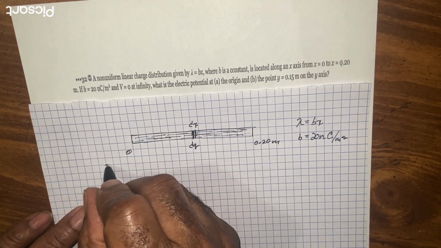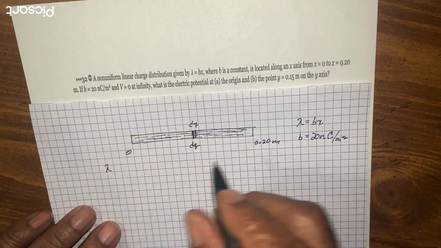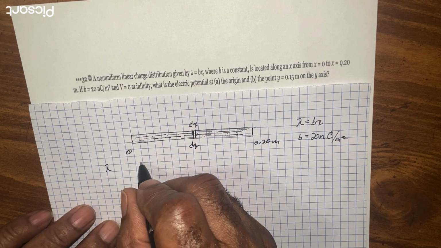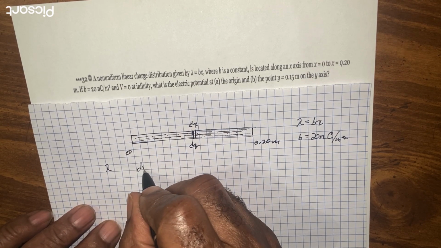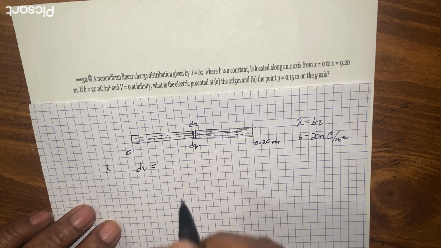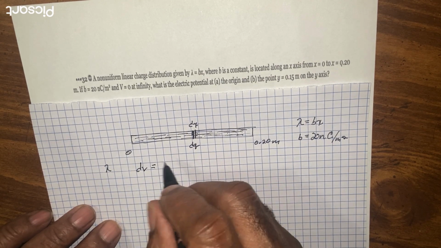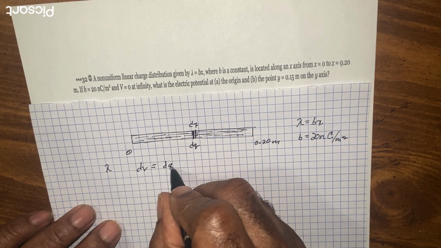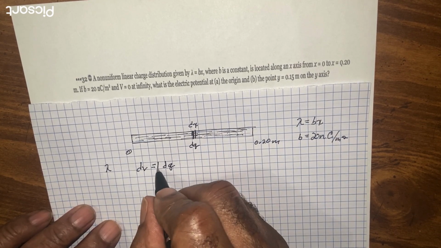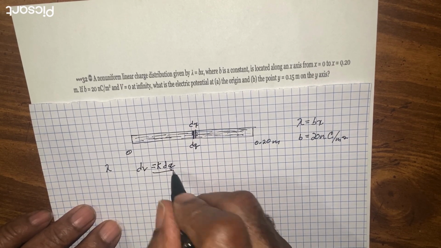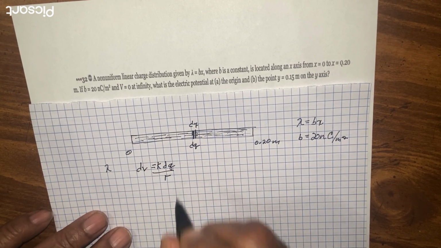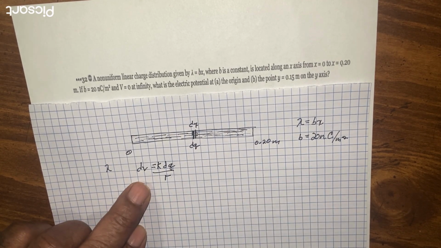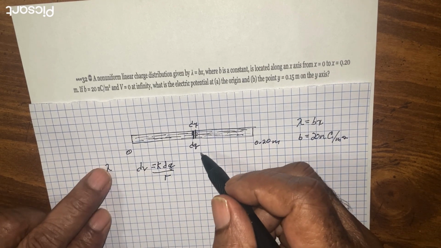We'll start with lambda. Well, first, we'll write dV, that's what we're going to be looking for, is equal to K times dq over R. So that's basically how we're going to build up our formula to solve for the voltage.